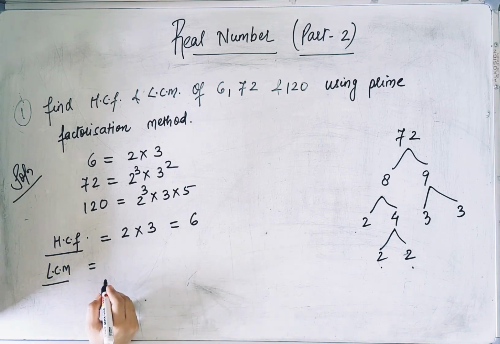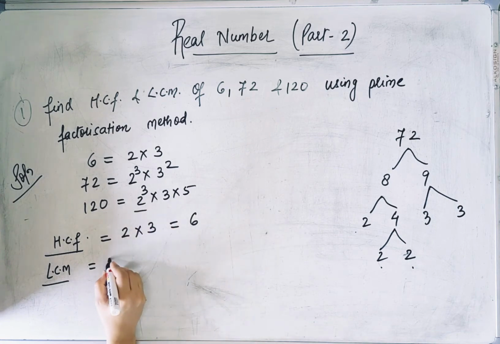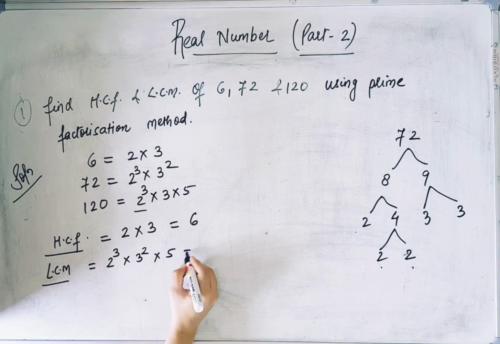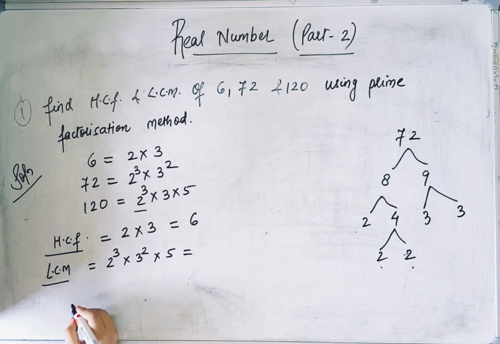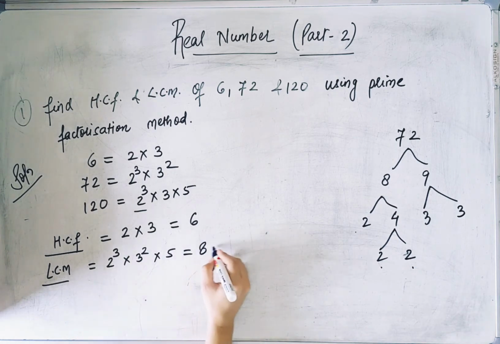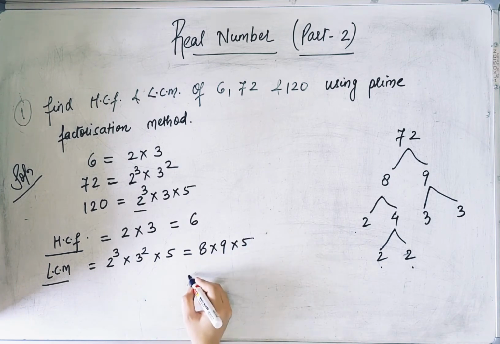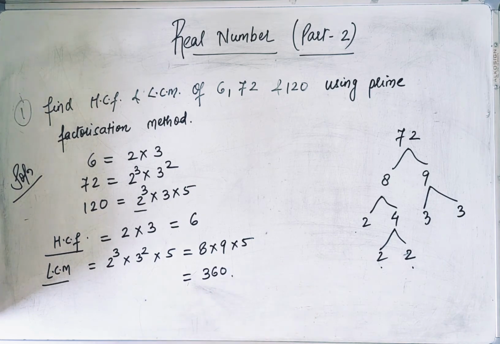We'll consider 2 cube into 3 square into 5. So the 2 cube is 8, 3 square is 9 and into 5. 8 into 9 is 72, and 72 into 5 we get 360. So this is how we can find HCF and LCM of the numbers.